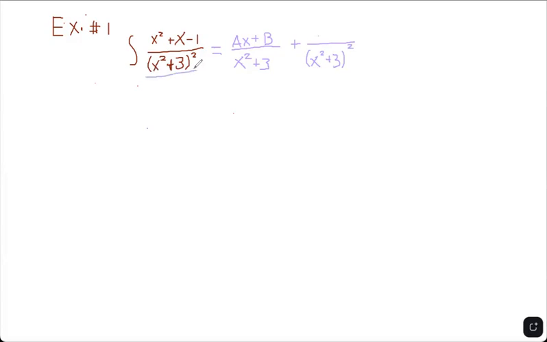We can't just have another x squared plus 3. You can't have the same denominator. So we're just going to involve this format: x squared plus 3 all squared. And this is going to be cx plus d.